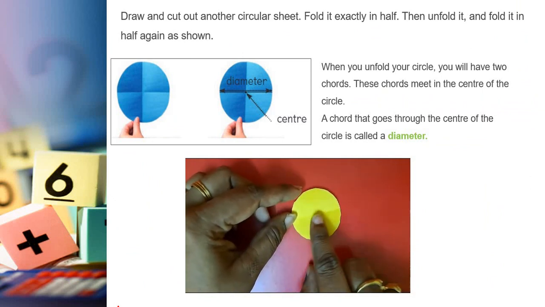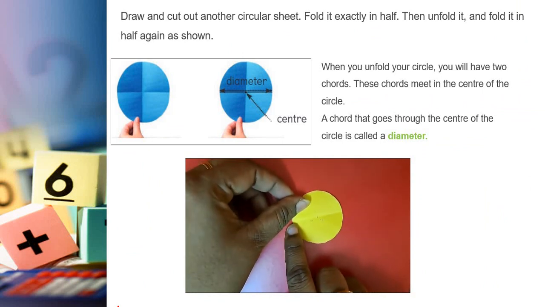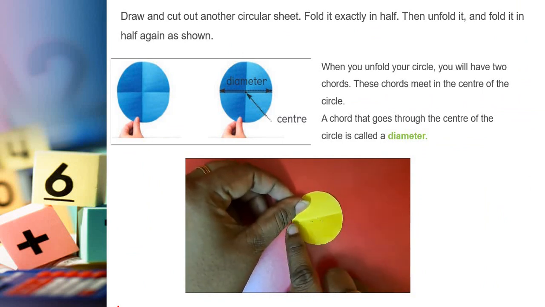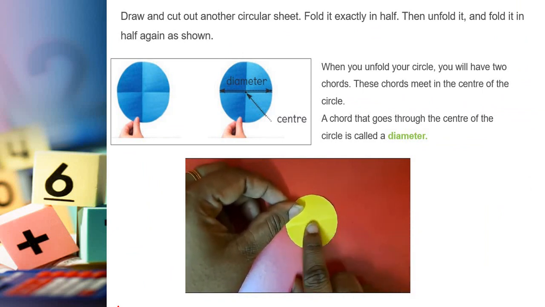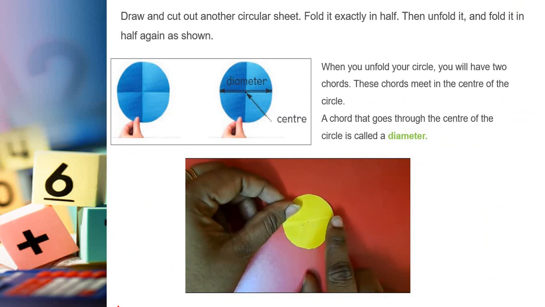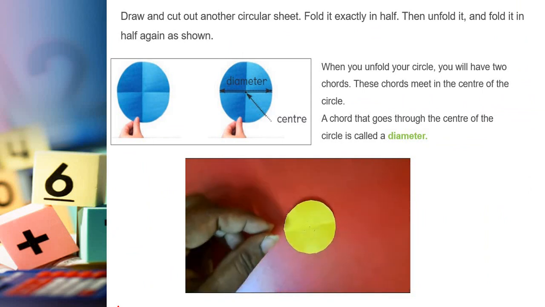You will see a line segment between that. Already we have discussed this. A line segment that has two endpoints on the circle is called a chord. The two endpoints are on the circle. So that is a chord.